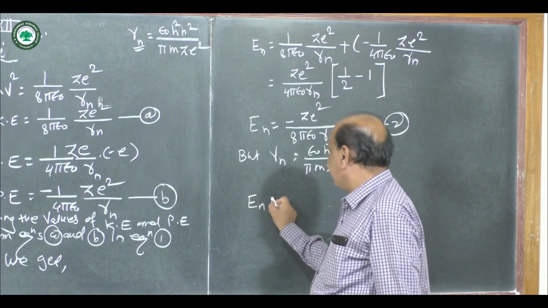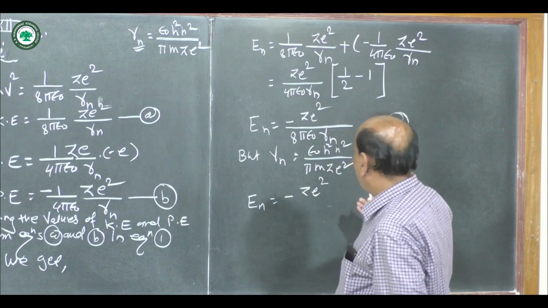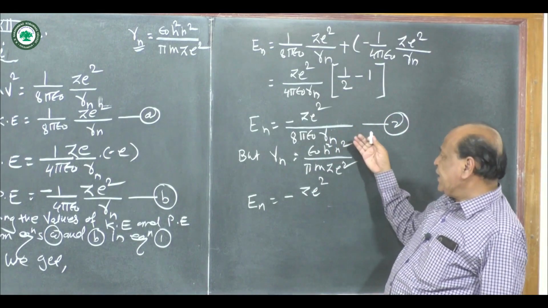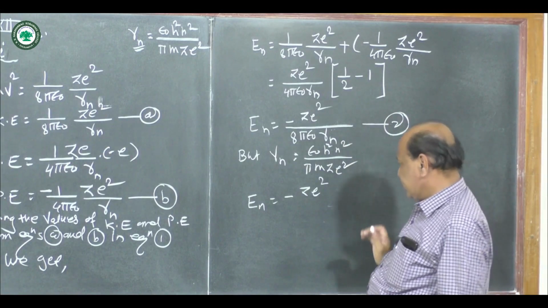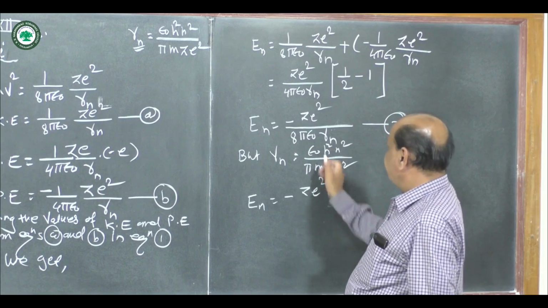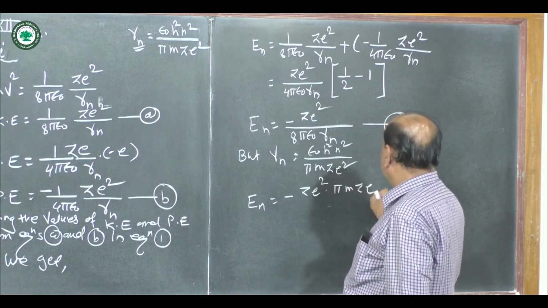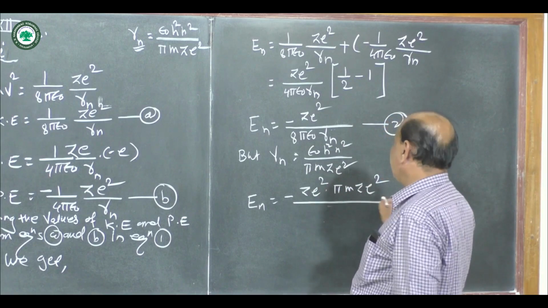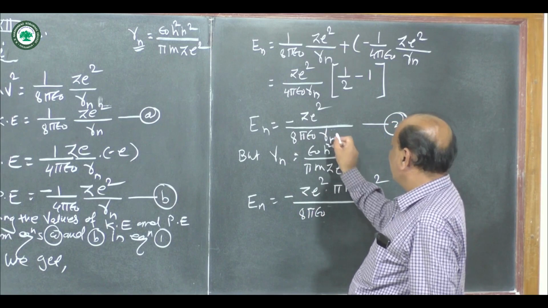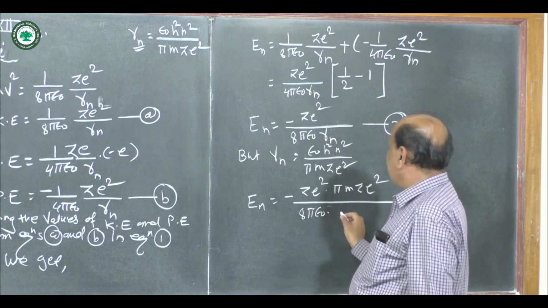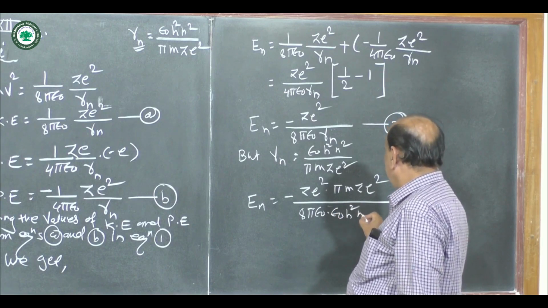Therefore En is equal to minus Z e square, with the denominator written as a numerator, multiplied by pi m Z e square divided by 8 pi epsilon 0 into epsilon 0 h square n square.